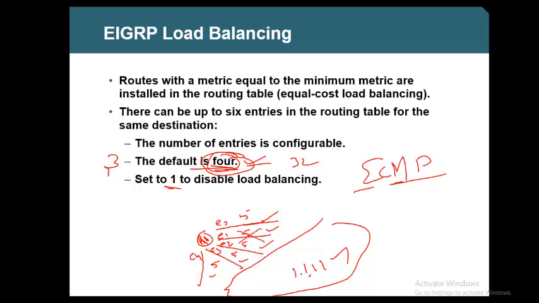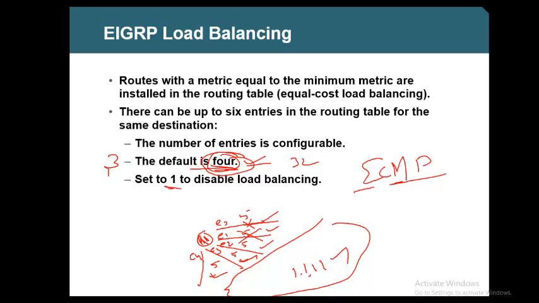If this link goes down, this will take the 3rd position, and if another goes down, it will take the next position. So yes, backup will be used if you have equal cost paths.